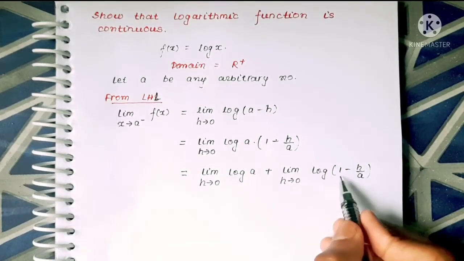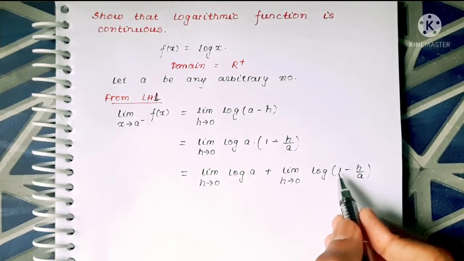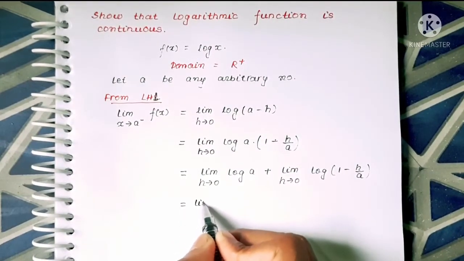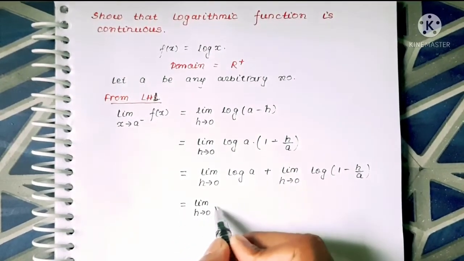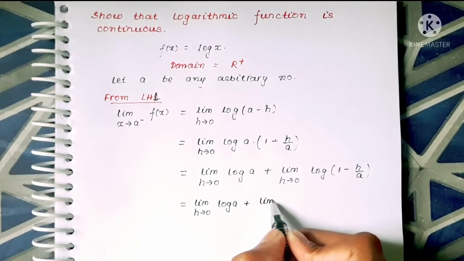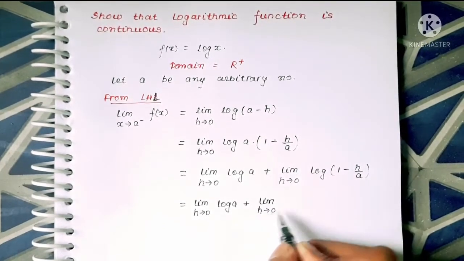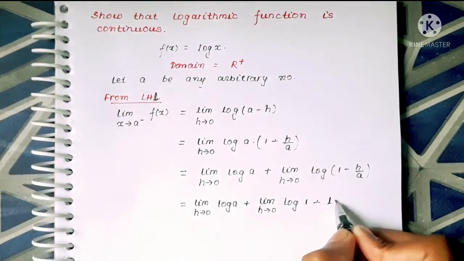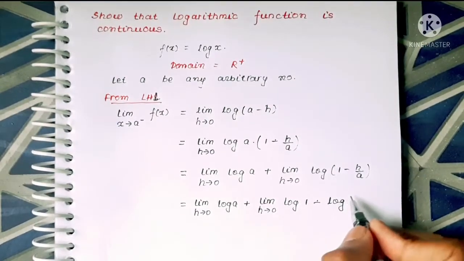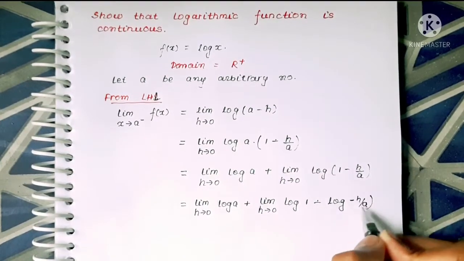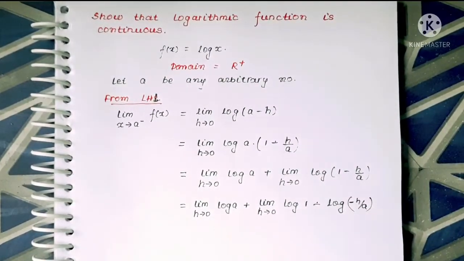The same thing can be done here: limit h tends to 0 log a plus limit h tends to 0 log(1 minus h by a).